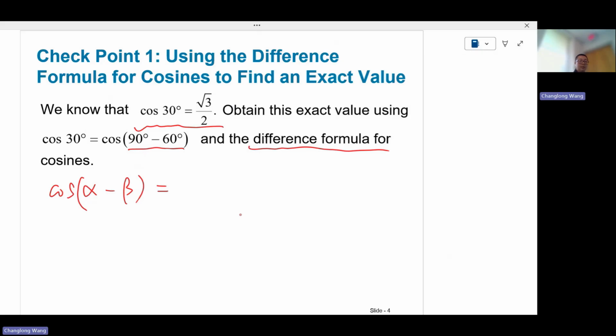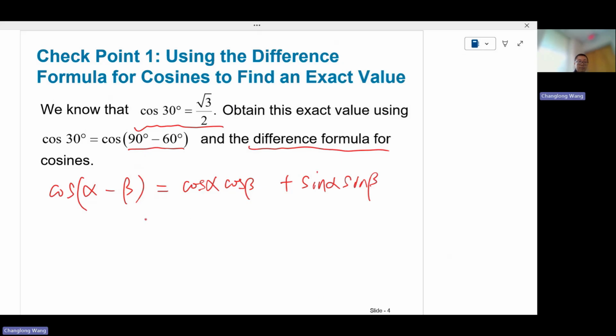The structure is, again, CC plus or minus SS, but cosine flips the sign. That means looking at cosine, plus sine and sine. Angles are alpha, beta.